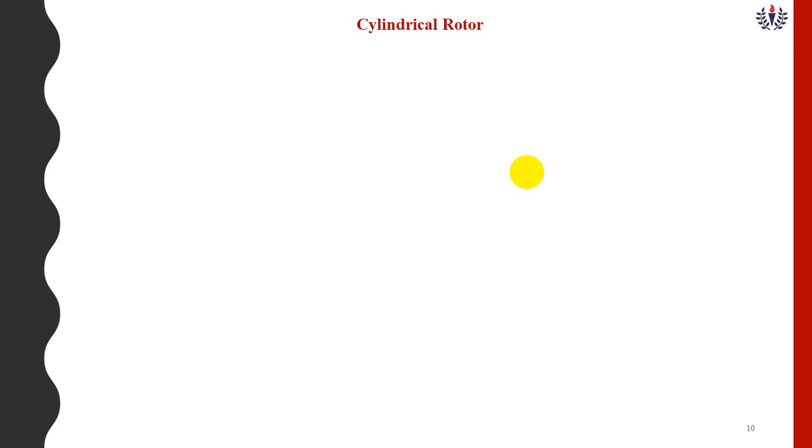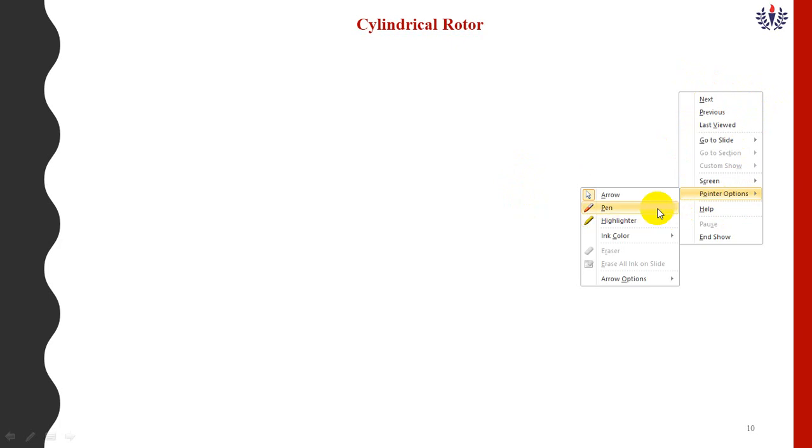Next one, the cylindrical pole structure. The cylindrical rotor is another name for the non-salient pole rotor, and this rotor is smooth.